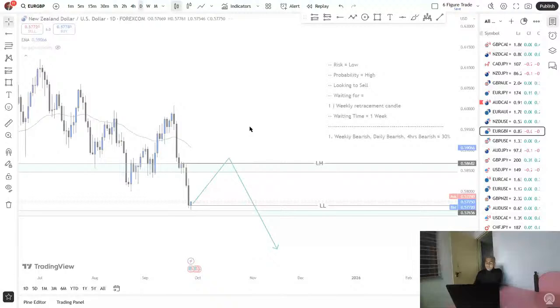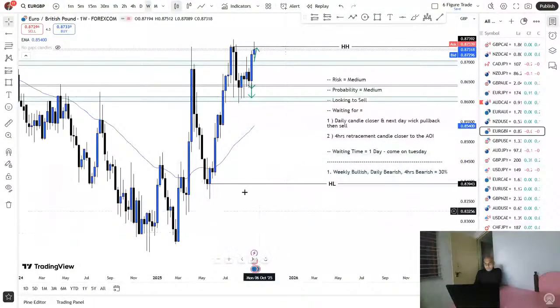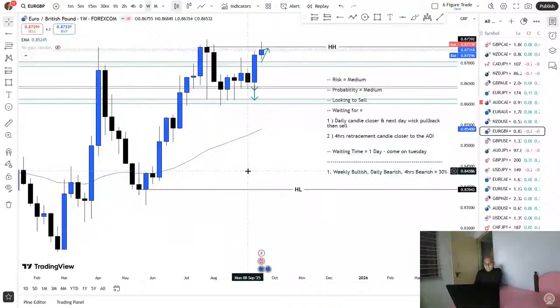Euro GBP. Oh man, this is going to get bearish for us. This is sideways, man. Why? This is high. This is slow.